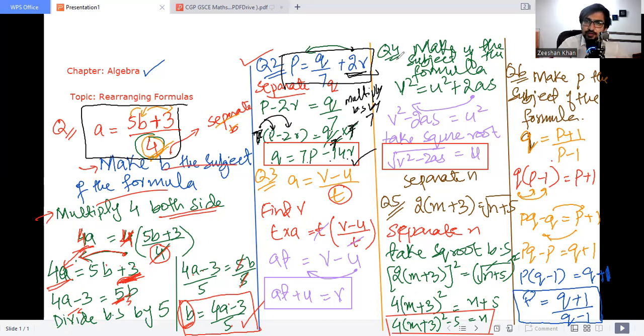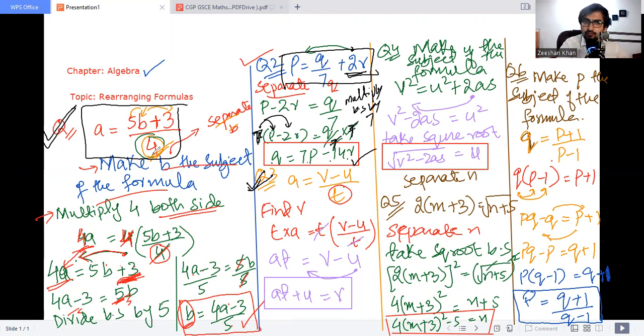Okay, question number 3. So in this question, t is again the denominator, which is below u minus v combinedly. So therefore, our first step would be to remove this t. This question is more similar to question number 1.